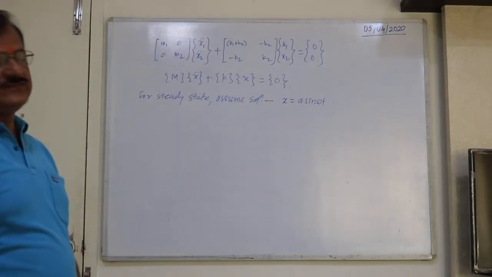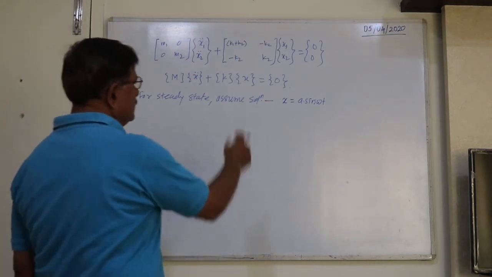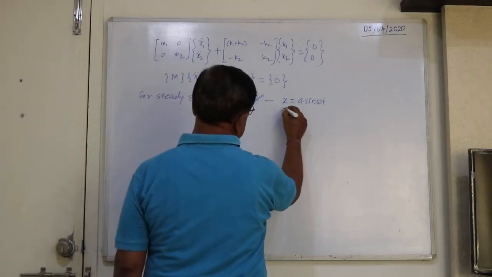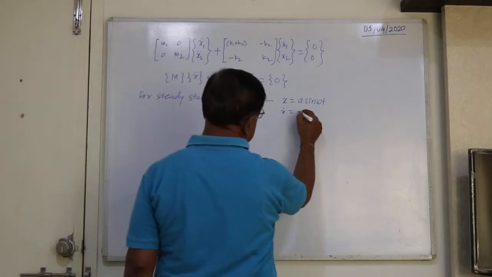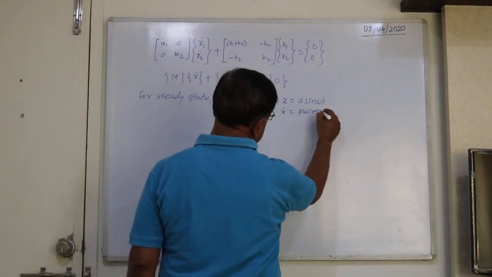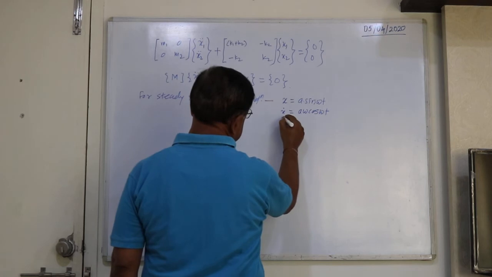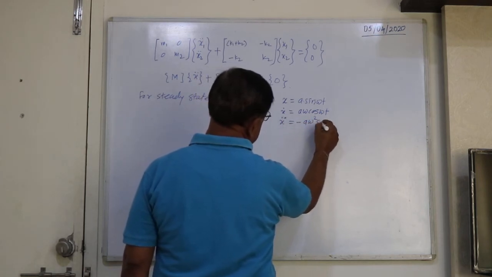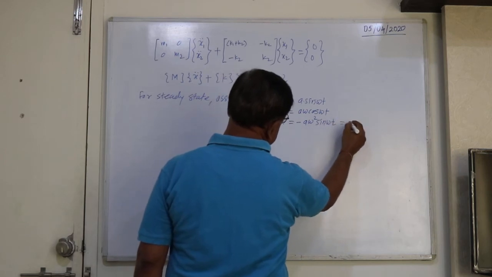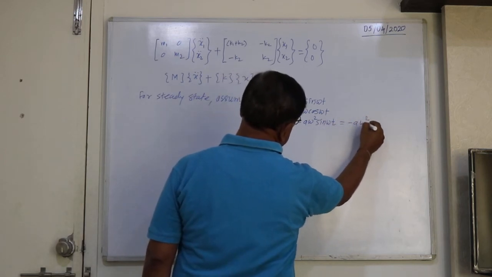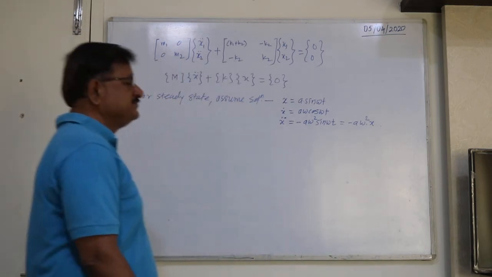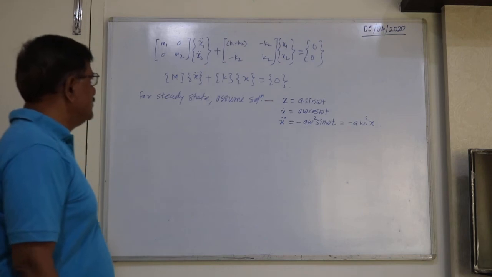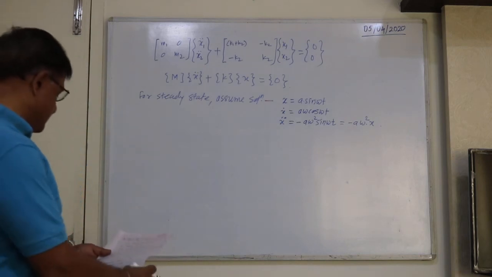This is a second order differential equation, and this solution must satisfy the above equation. So x dot, the first differentiation, is a omega cos omega t. Differentiating again, this becomes minus a omega square sine omega t, which is nothing but minus omega square x.